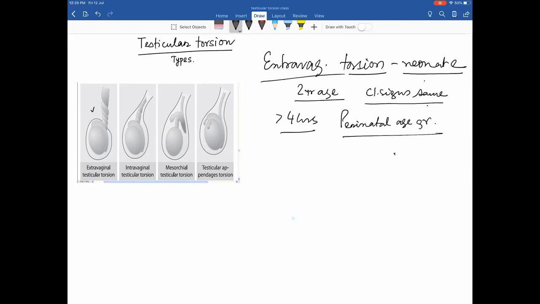Now, before we finish up this topic, what are the recent advances in thoughts that we have about testicular torsion? The only recent advance is that if the child is less than 10 years, then please remember that alloimmunization, that means the blood testis barrier-like thing, is probably low.